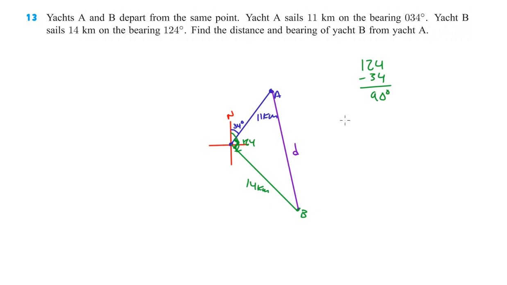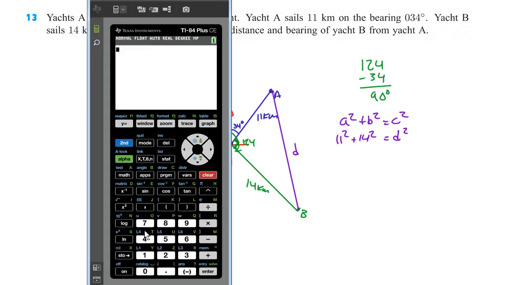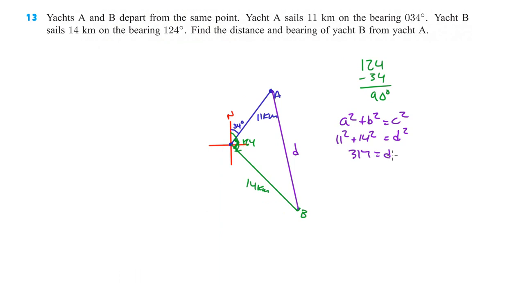So to find the distance, it's going to simply be a squared plus b squared equals c squared, right? And our D is our c squared, and the other ones are 11 squared and 14 squared. So 11 squared plus 14 squared gives us 317 equals D squared.